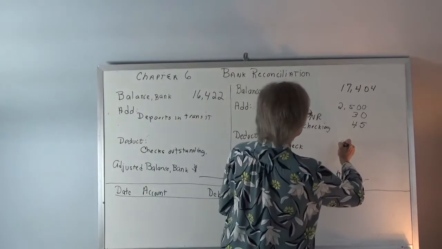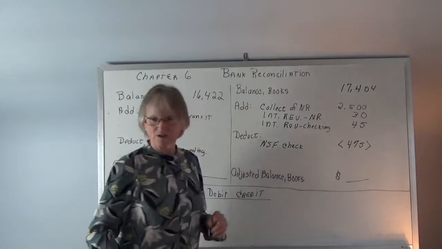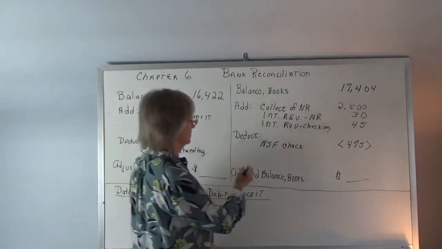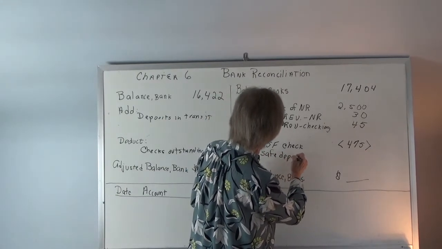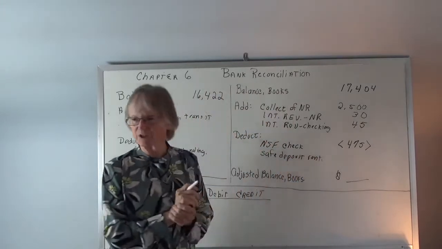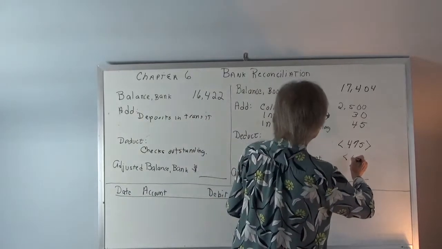So that's going to get deducted. And then what else? Oh, the safe deposit rent. So that's a charge that also got deducted from our account that our books don't know about yet. So we have to deduct the $65 for that. Okay.